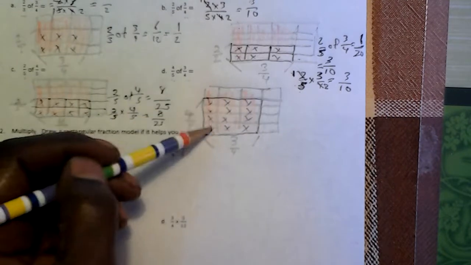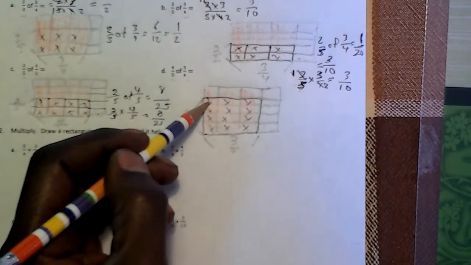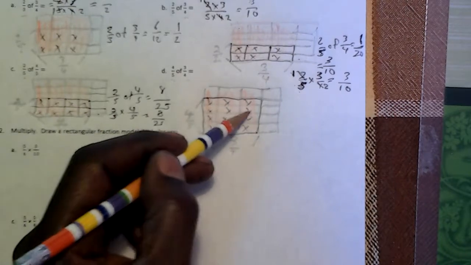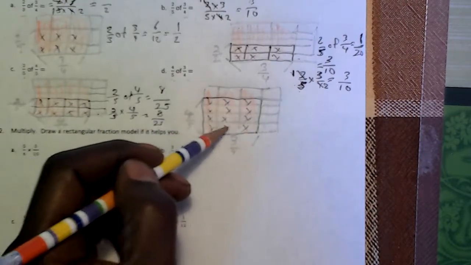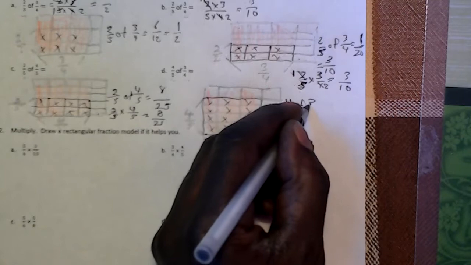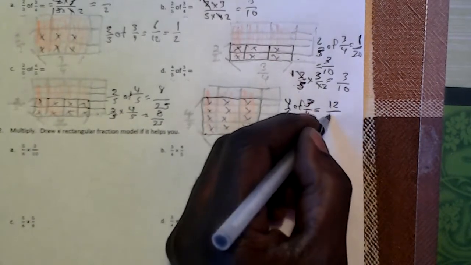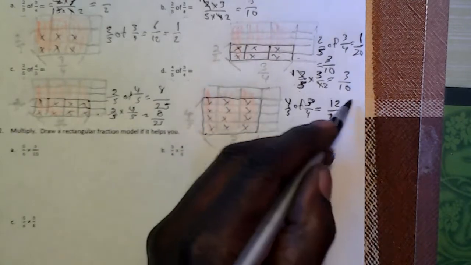So we have 5 times 4, or 4 times 5 equals what? 20. And out of 20, we have how many pieces? 1, 2, 3, 4, 5, 6, 7, 8, 9, 10, 11, 12. So we know that 4/5 of 3/4 equals how many? 12 20ths, right? So look at this. Can we reduce this number?